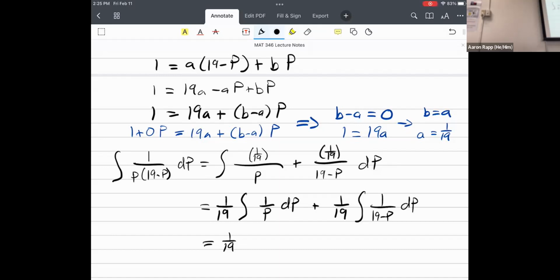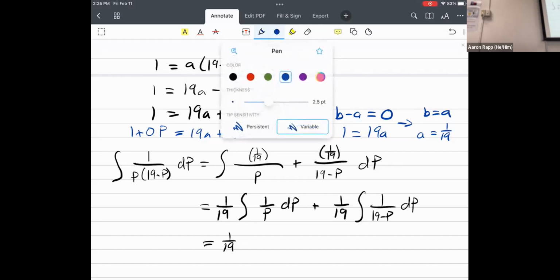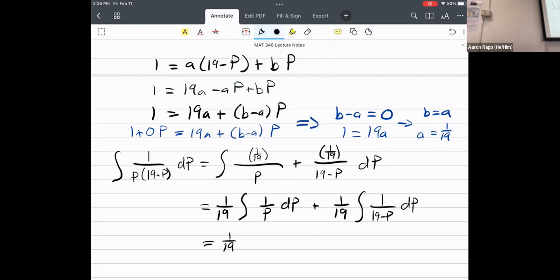Oh, you got this one. What's the antiderivative of 1 over p? Natural log of the absolute value of p. In Calc 2, there's technically a plus a constant. Why do I not need to worry about it in differential equations? Yeah, we're going to add it in later.